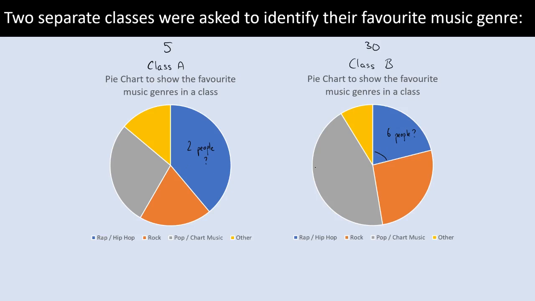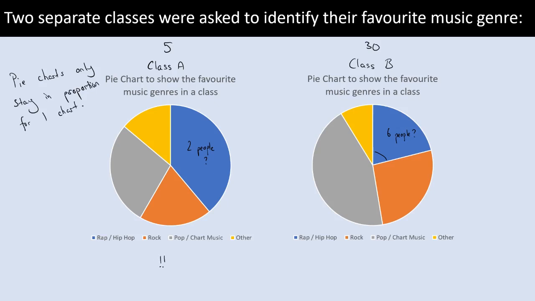So we can see that the size of the sector means nothing if we're comparing it to 2 different pie charts, okay? Pie charts only stay in proportion for one chart, okay?